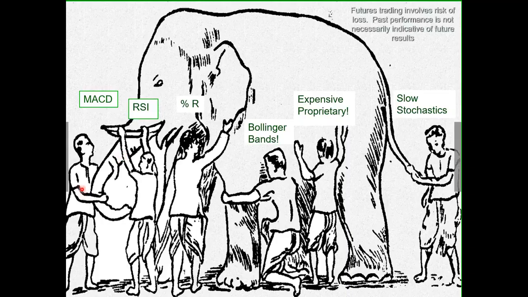So for example, this guy in the front's got the trunk. This guy in the back's got the tail, right? So the guy in the back thinks it's a snake. The guy in the front has no idea. As he moves his hands up, it gets bigger and bigger. The guy holding the tusk says, well, this is something dead.